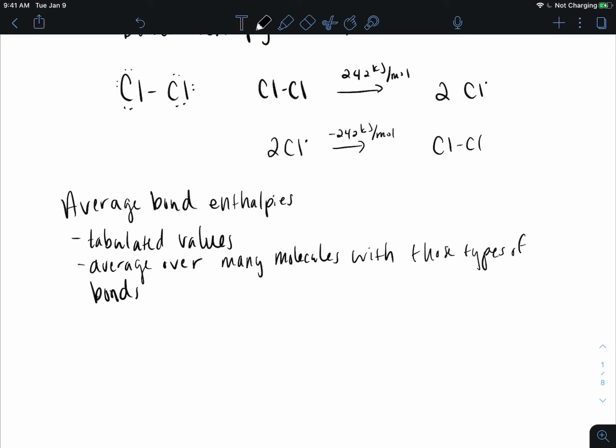So it won't necessarily always be that same exact energy, but we can use it as a starting point or as a means of calculating rough reaction energies.